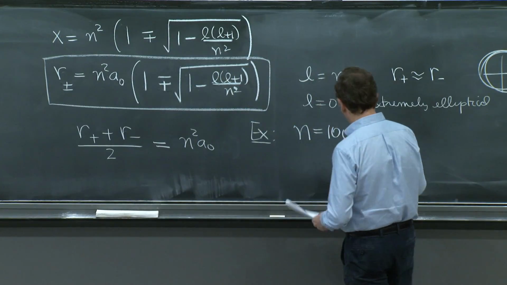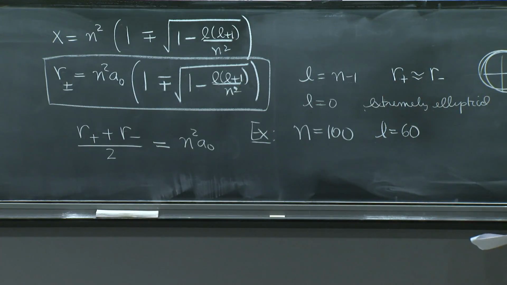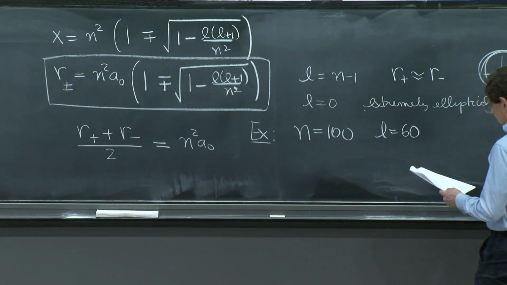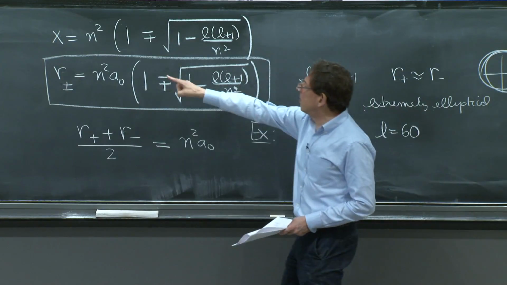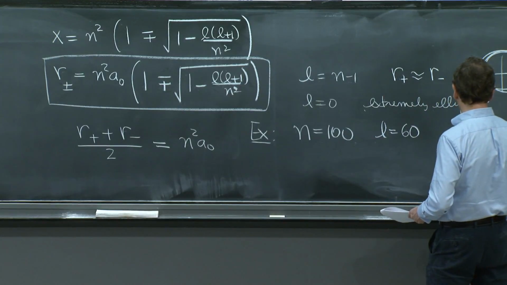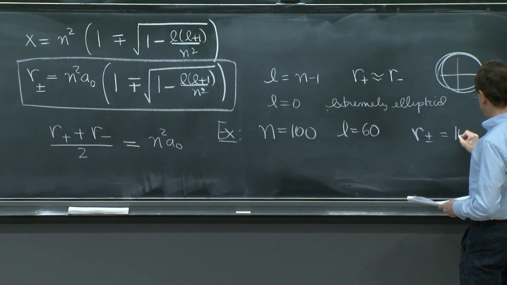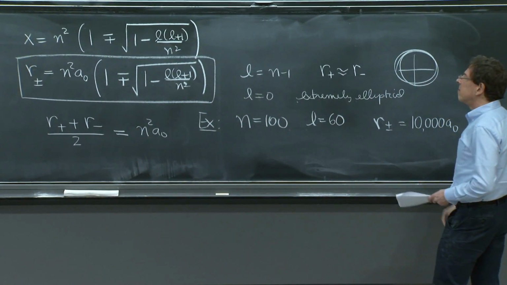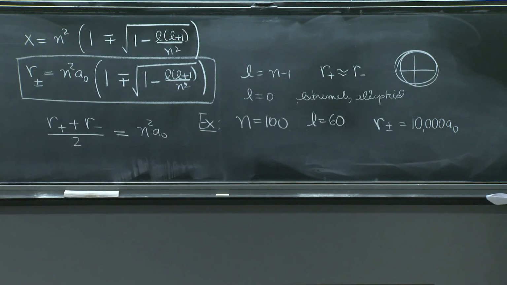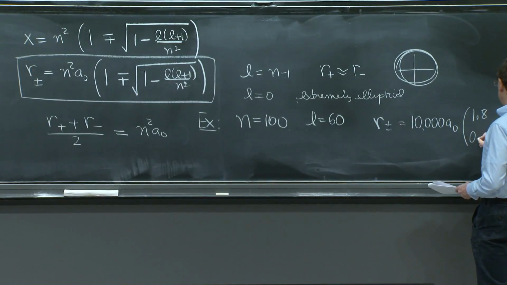N equal 100, L equals 60, in which case for n equal 100, R plus minus is equal to 10,000 a0, n squared a0, times this factor, which in one case is 1.8, and in the other case is 0.2.